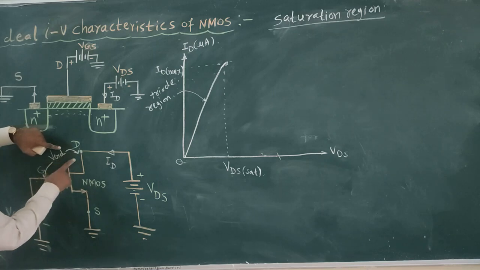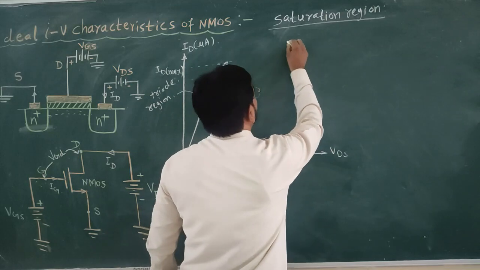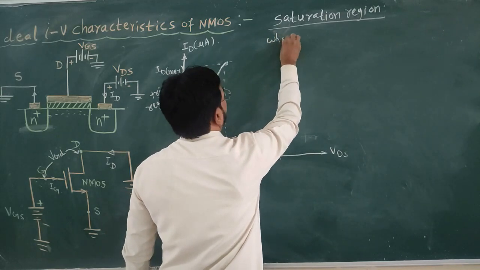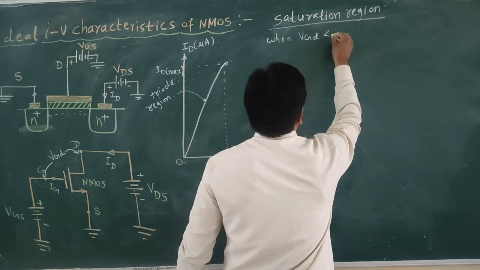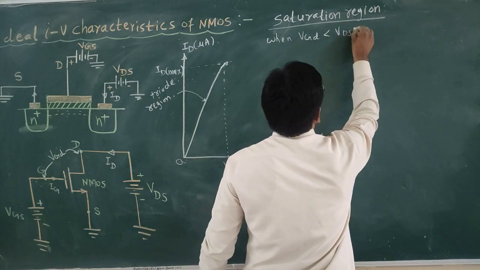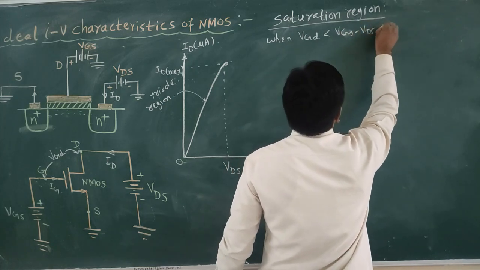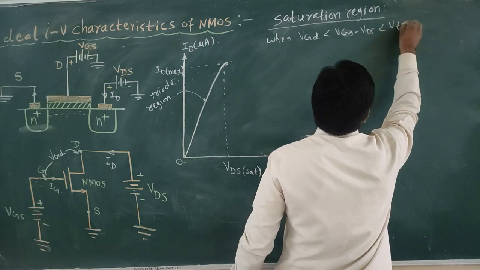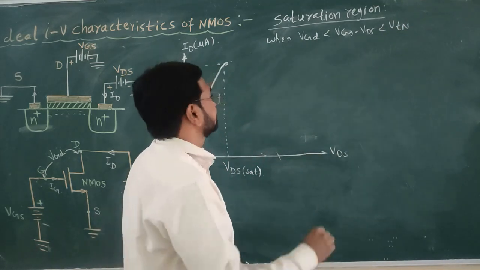This voltage goes below VTN when VGD, that is VGS minus VDS, is less than VTN, the device goes into saturation.